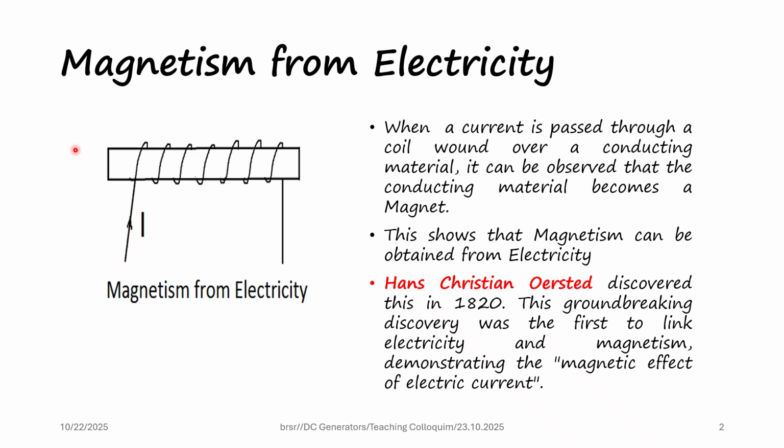After some time, this conducting material would have gained magnetism. This was found out by Hans Christian Ørsted in the year 1820. This groundbreaking discovery was the first to link electricity and magnetism, demonstrating the magnetic effect of electric current.